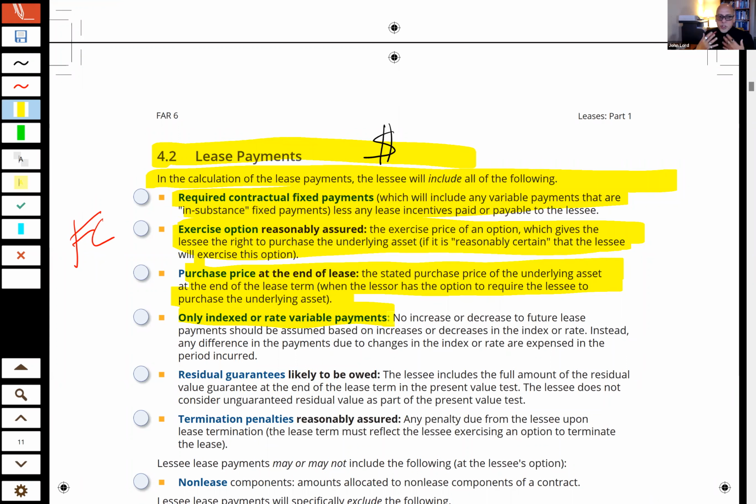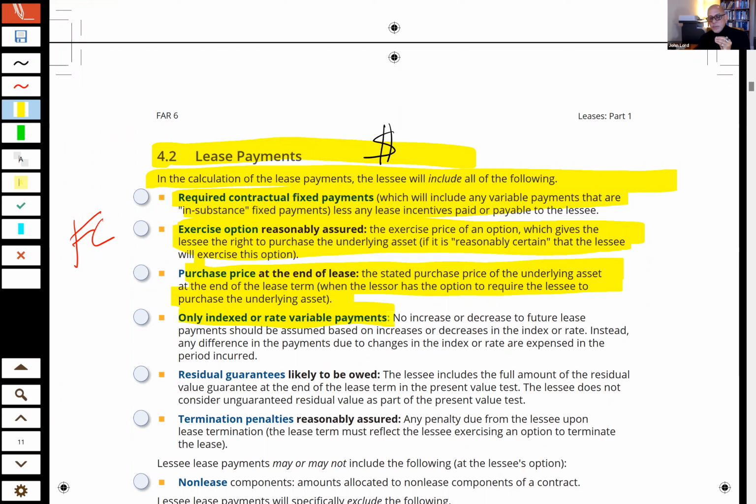If you go over certain miles or something, you have to pay more. A lot of times, like when you rent a car, they'll say your lease amount is this, and you have this much mileage, 20,000 miles a year. But if you go over that, over the term of the lease, then you have to start paying 25 cents per mile or something like that. You wouldn't include those. It has to be indexed or a rate variable payment.